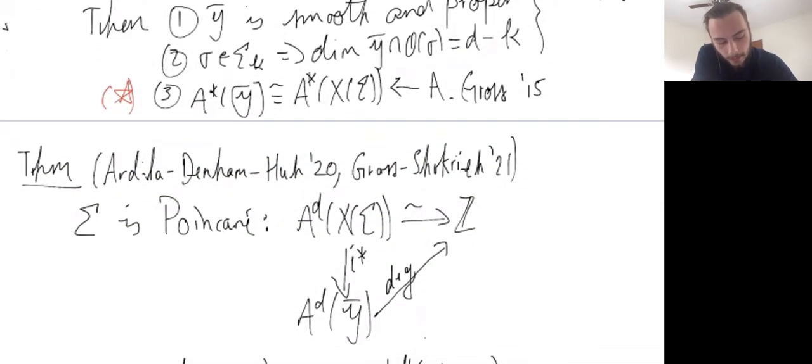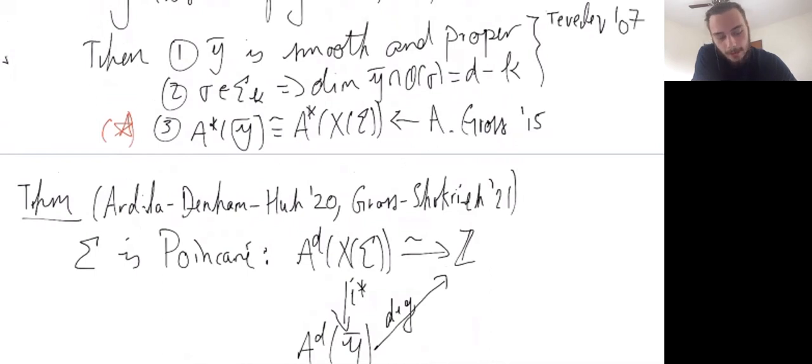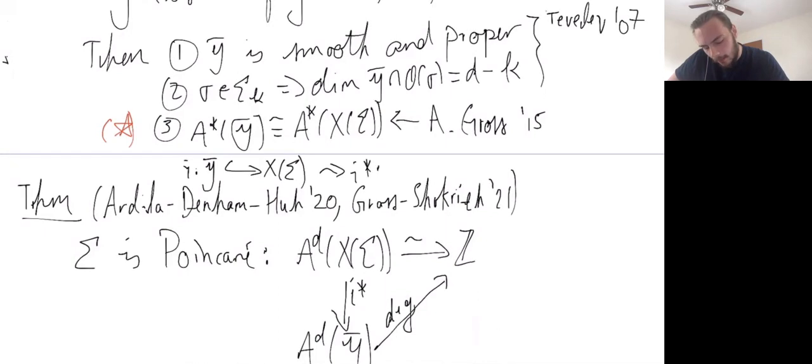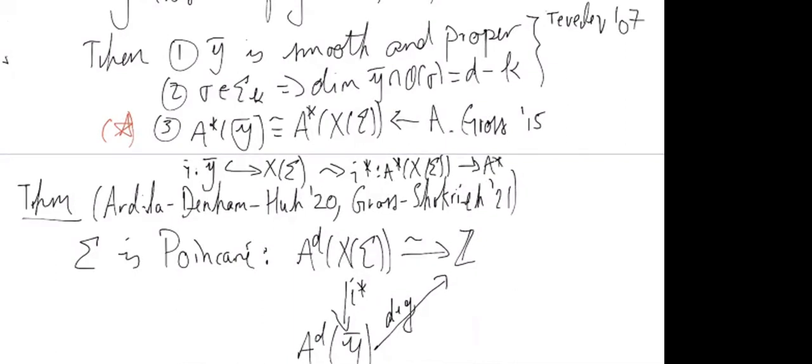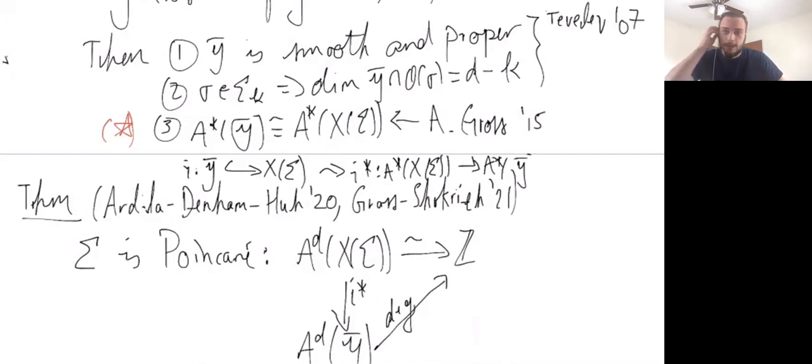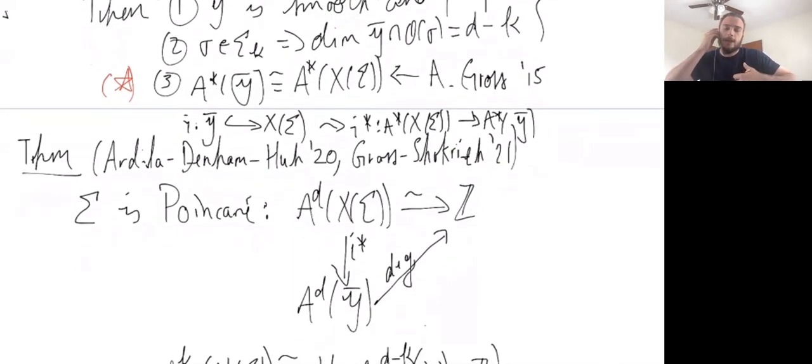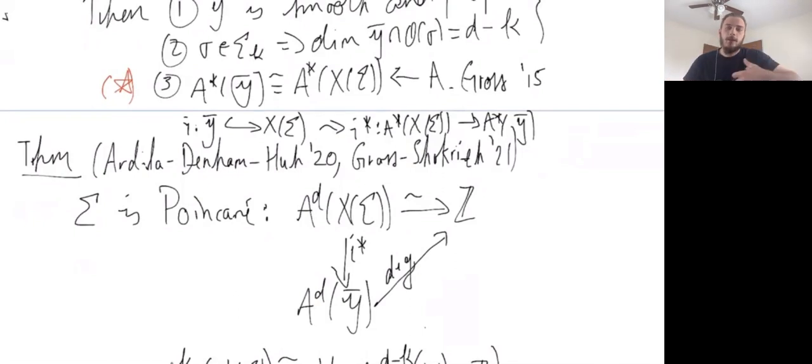I have this inclusion of Y bar into this toric variety X_Σ, and this gives me a pullback of the Chow rings, and I'm going to describe some very simple conditions that ensure that this pullback is a bijection.